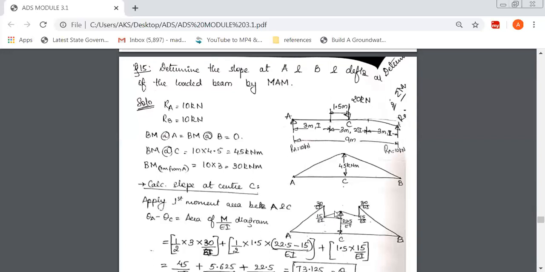See, understanding this step is very, very important, because these are like the deciders. If you understand this, then the rest is just simplification. You have to apply the theorem and solve. I'll repeat this once again. To the left side of this point, it is I. To the right side of this 3 meter, it is 2I.